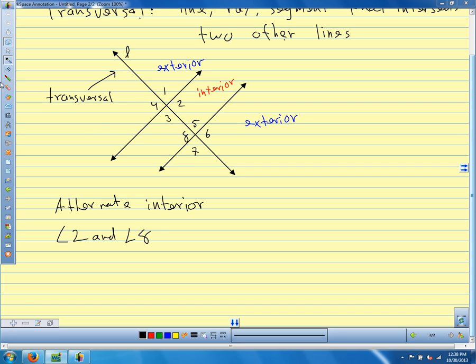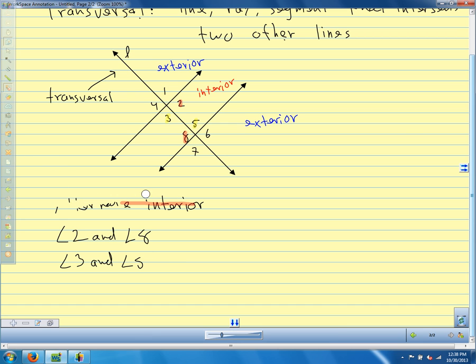If you have markers or highlighters, it can help to highlight. Angle 2 and angle 8 are alternate interior. And angle 3 and angle 5. It can help you visualize these. I'm just going to back up a little bit here. I want to undo this, and I just want to rewrite this.